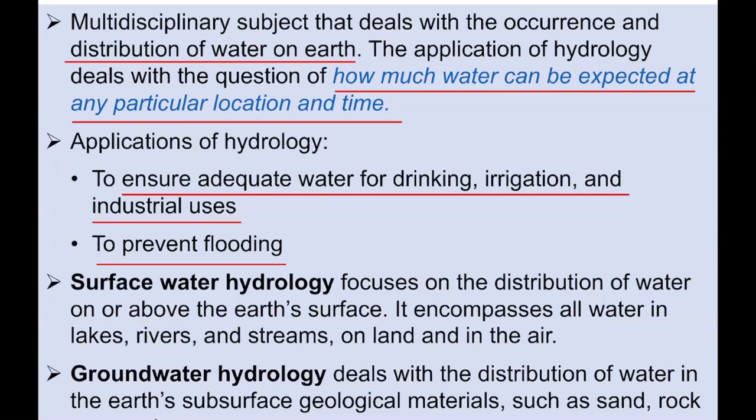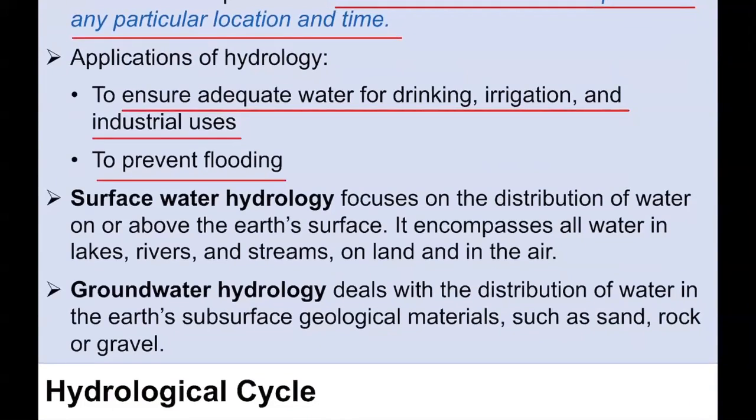Further, in terms of the subtopics of hydrology, there can be surface water hydrology and groundwater hydrology. In this course, we're mainly going to deal with groundwater hydrology. We want to evaluate how fast the water flows underground. For example, if we want to dig a well to extract drinking water, how much water can we extract from it?